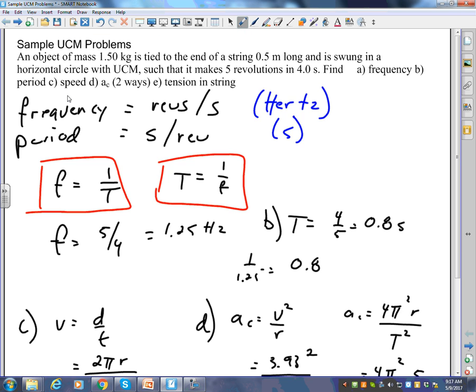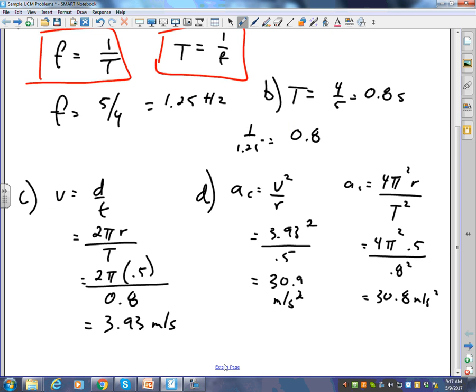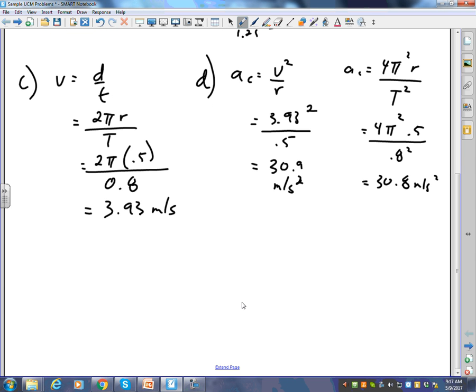Okay, so now the string tension. As this thing is being whipped around in a circle like so, there is this tension in the string that is providing the centripetal force. So the tension in the string is the centripetal force, FC. Yep. MAC.